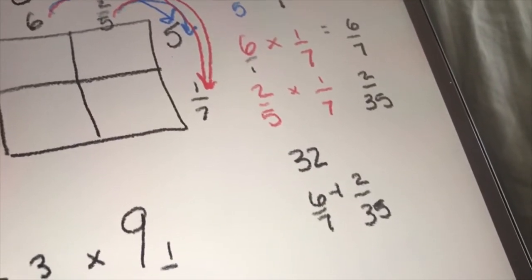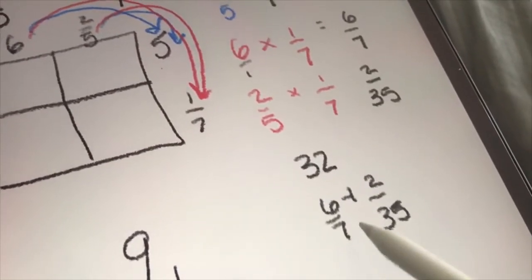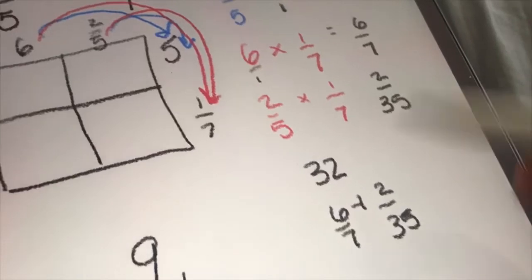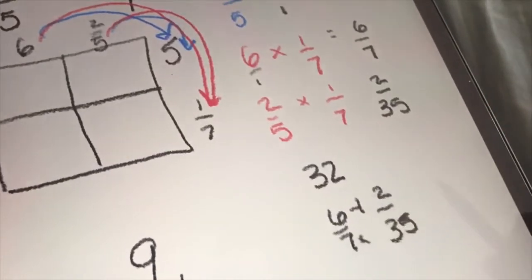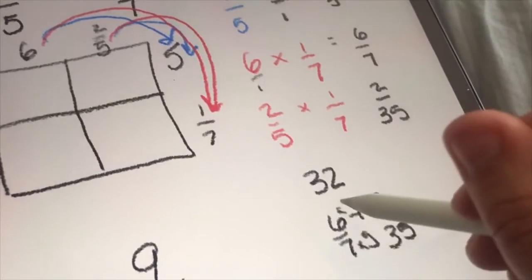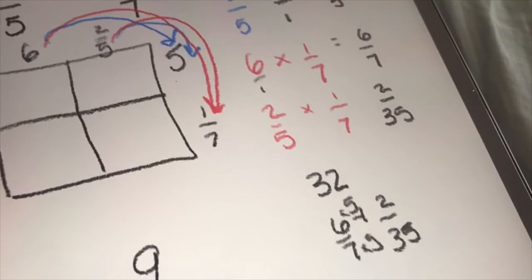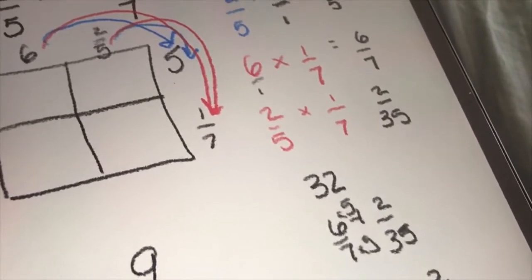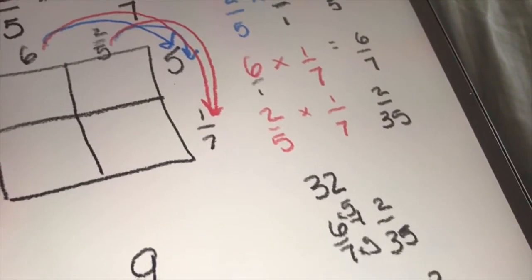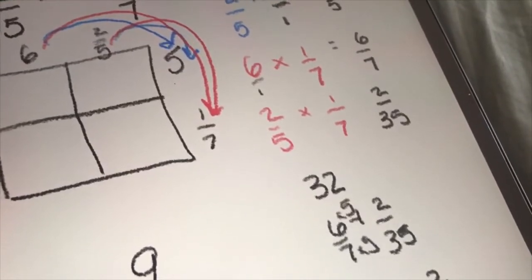Okay, so hopefully you said to yourself that you knew that 7 is a multiple of 35. So all you had to do was multiply 7 times 5 and 6 times 5, because we don't even need to change 2/35. Okay, so when I do that, I get 30/35.